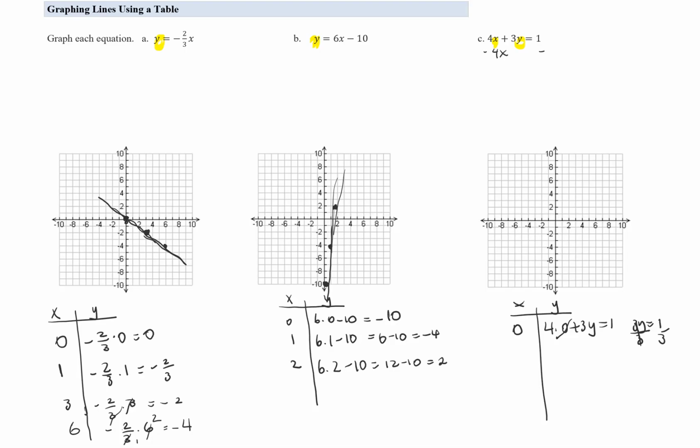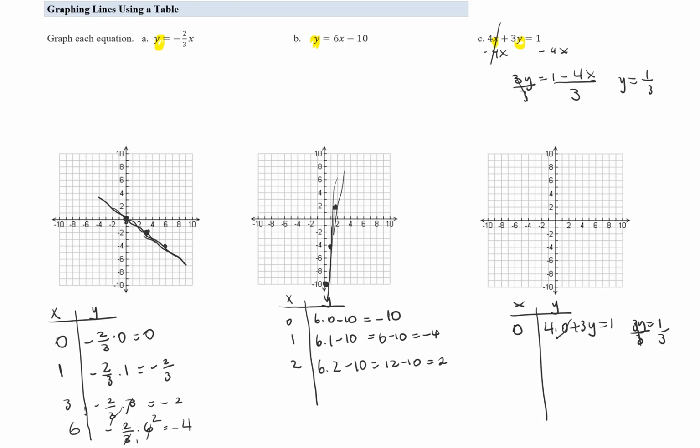Minus 4x on both sides. 4x's cancel out, we get 3y equal 1 minus 4x, and now divide by 3. We get y equal, and you can leave it like that, or you can break it into two ratios, it doesn't matter.